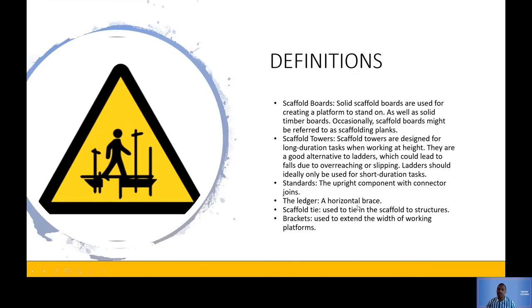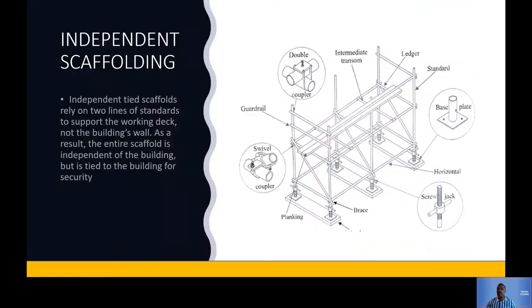So the difference between the ledger and a transom is that the transom is a horizontal member, but it's the main member. And then the ledger is like the bracing. Remember, bracing is just supporting the actual members, not necessarily supporting the weight that's about to be carried by the main members.